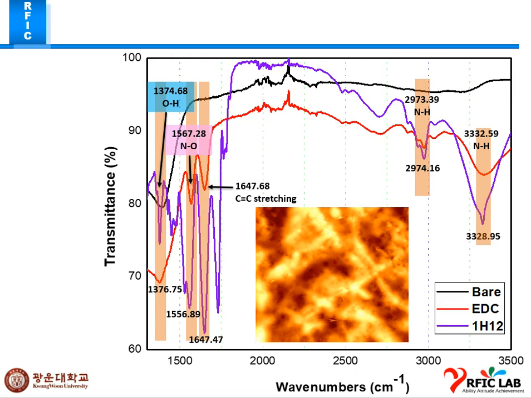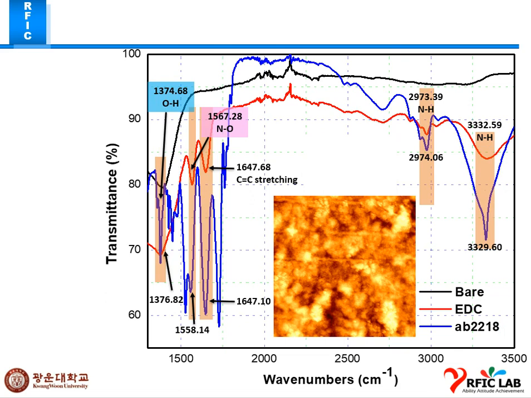This graph is related to 1H12 and the second one is AB2218. These are two different types of antibody related to the urine PSA biosensor research, and we already have the difference between each antibody, and we go with only a single antibody, that is AB2218.